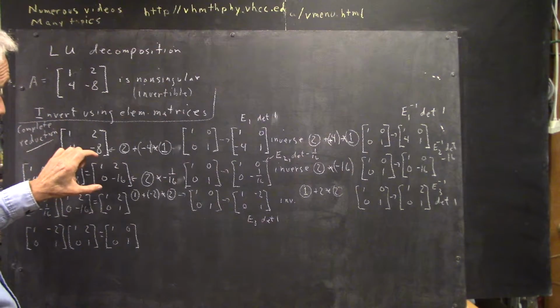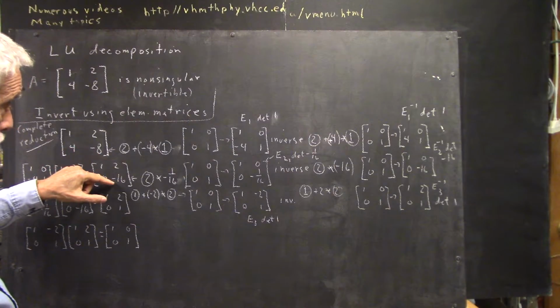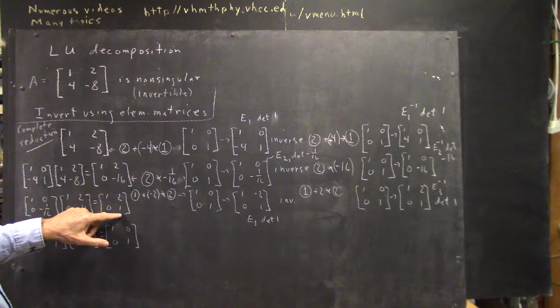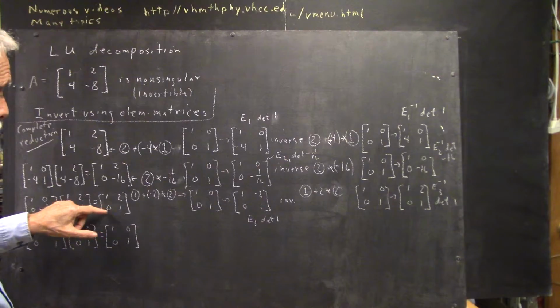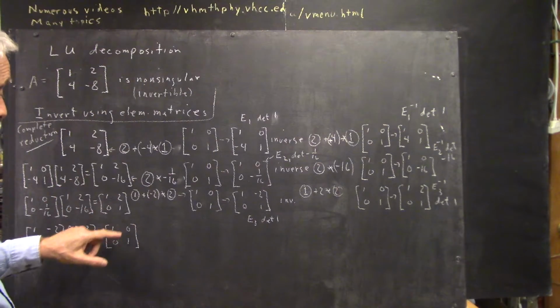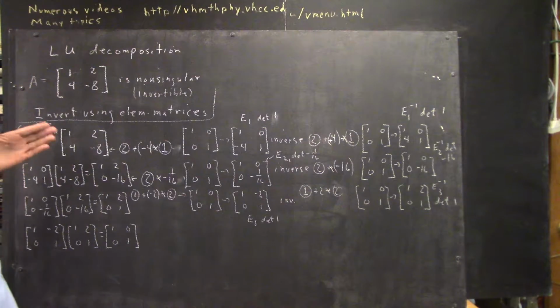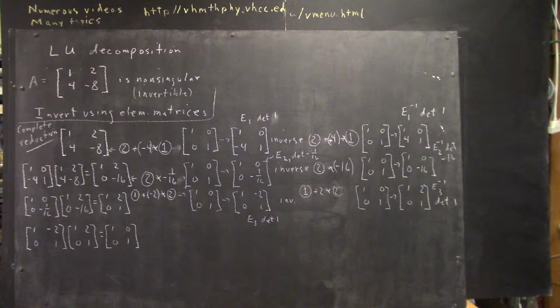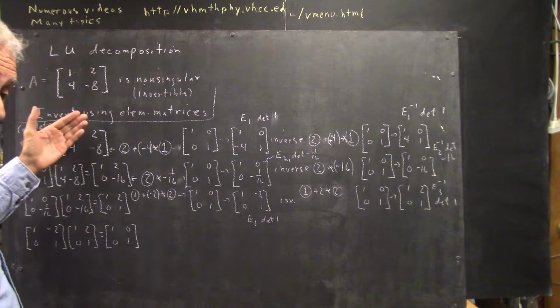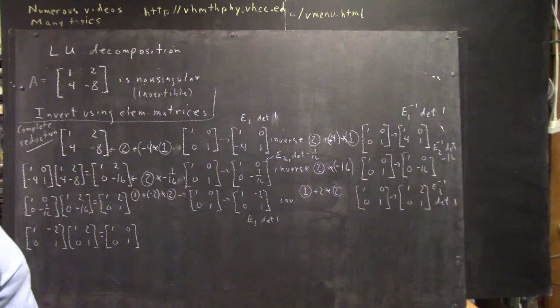And then multiplying through here by negative 1/16 reduces to this. And then adding negative 2 times this row to the first row gets us down to the identity. So in just 3 simple steps, we manage to reduce this matrix to the identity.